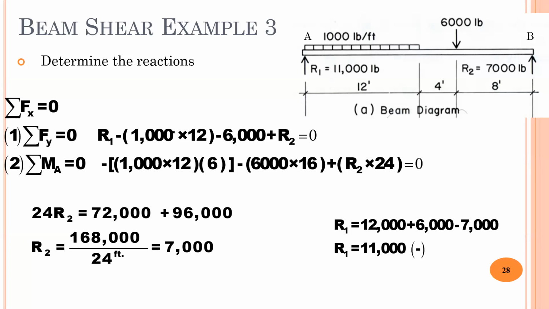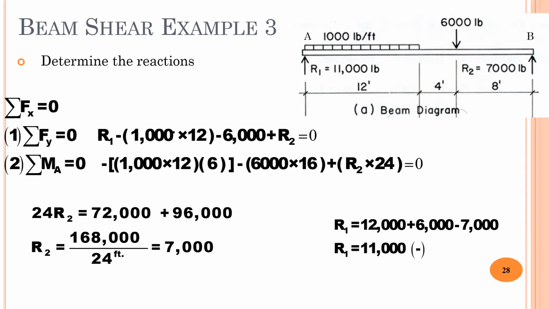So it's minus 12 times 6. That's why you have 1,000 times 12 times 6 right here. This is your force, that's your moment. The next one is coming down at 16 from A, so it's 6,000 times 16, and it's minus. Going up this way is plus 24 times R2 equal to 0. That gives you the moment, and from that you can find R2 and R1 if they're not given.